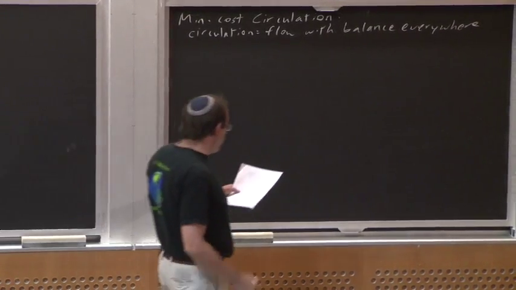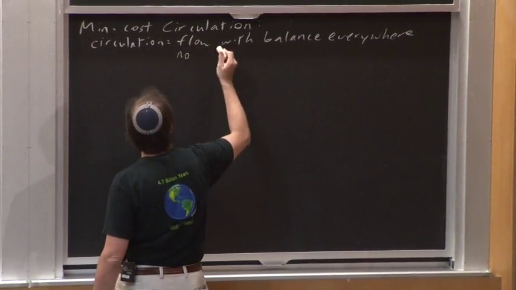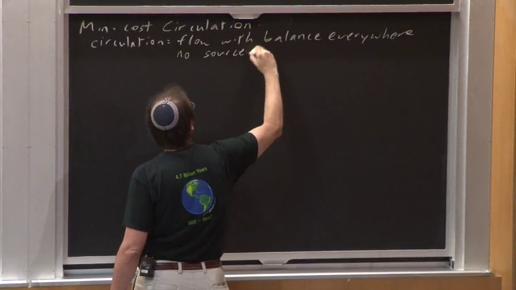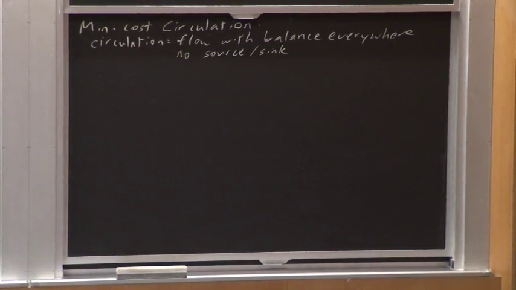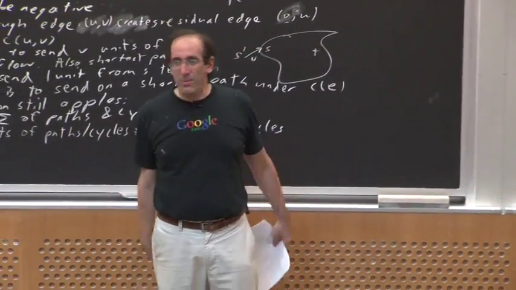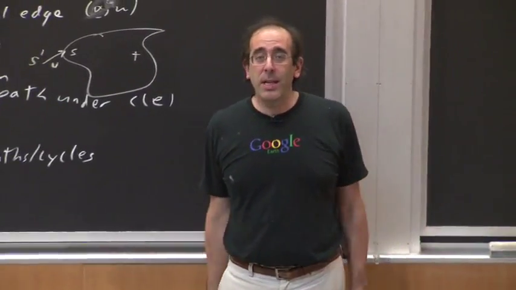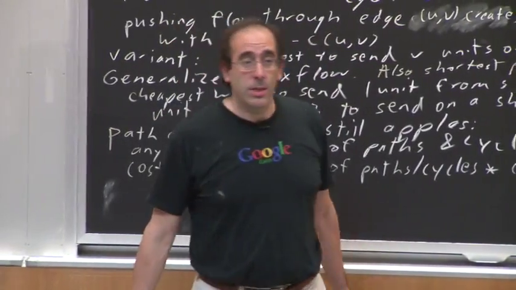Now, circulations, when you are talking about max flow, aren't really interesting, right? So what would a max circulation be? I mean, you can talk about feasible circulations, but the circulation of 0 is a feasible circulation for any problem without lower bounds, and so it's sort of not interesting. But once you put costs on the edges, then it becomes interesting to talk about min-cost circulations.